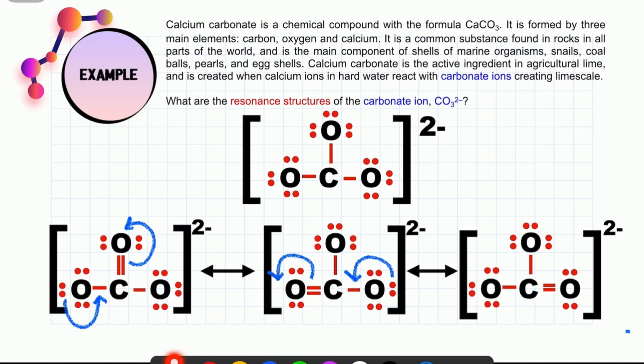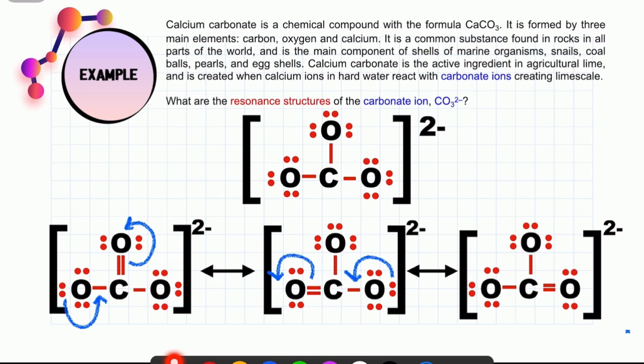Then the carbon will not be octet. So what happens? This other oxygen shares one of its lone pairs to form a bond with the carbon. The double bond is formed here and makes the carbon octet. So these 3 Lewis structures of the carbonate ion are resonance structures.